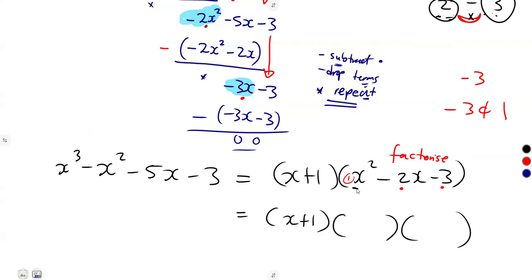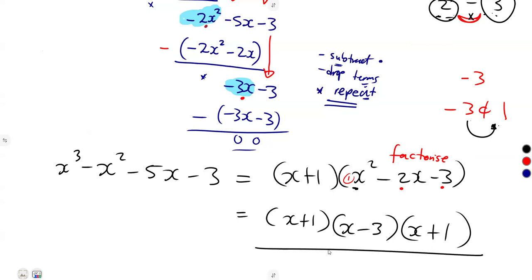Since the coefficient of x squared is 1, this is going to be x, this is going to be x. Then those terms here from the factors, negative 3 and 1. So we have factorized this fully. This is a positive 1, is that so? Yes, that's a positive 1.